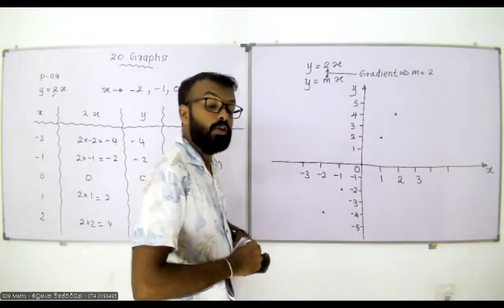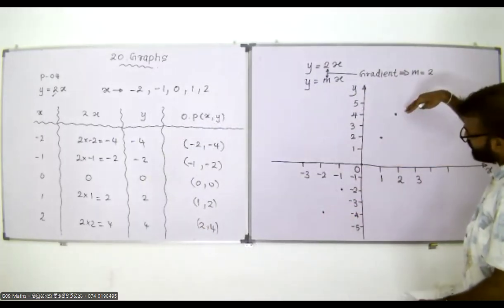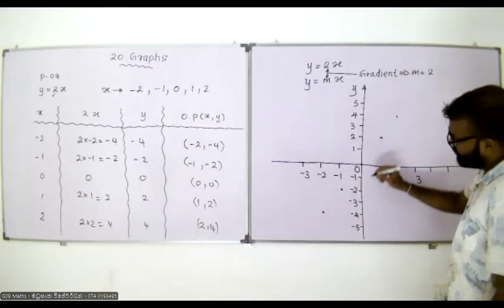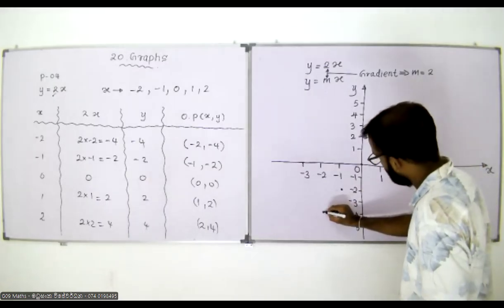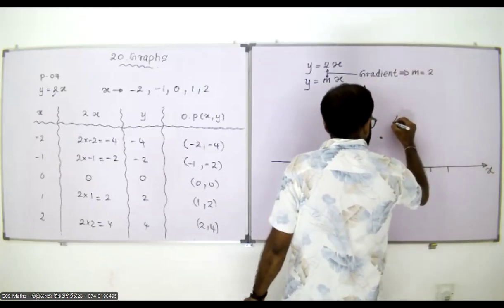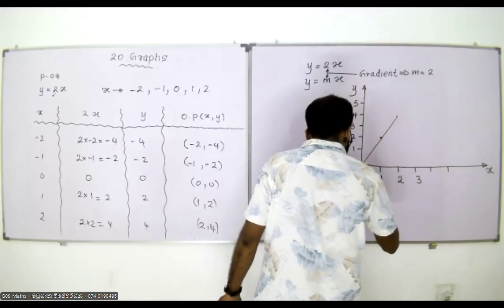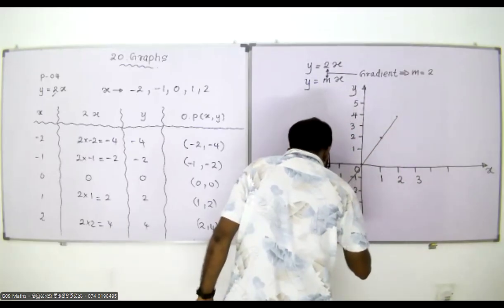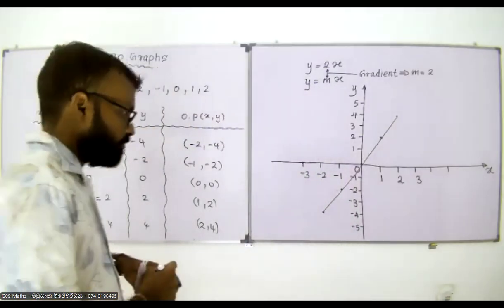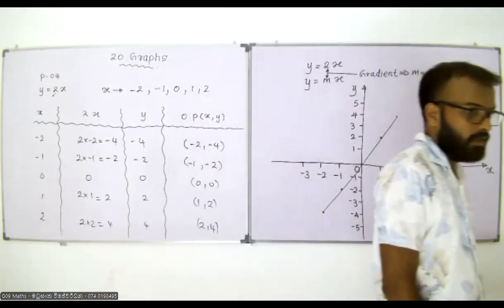Right? So now you need to take your ruler and align it here, and align it here. Then join. Yes, this is it. It goes through the origin.